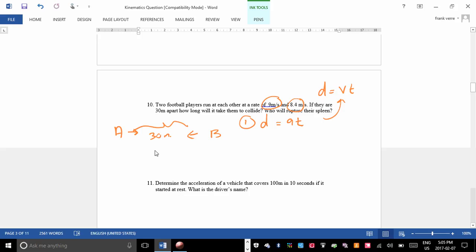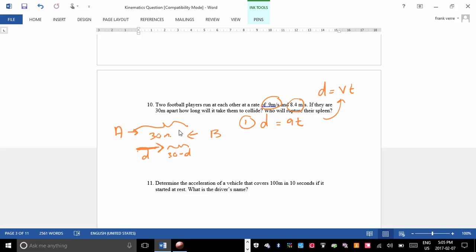Now, logic. If player A travels a distance of d, so let's say this represents d, then player B must travel a distance of 30 minus the d. The total distance is 30 meters, so when they meet, they would have both covered 30 meters in total, not each, in total.